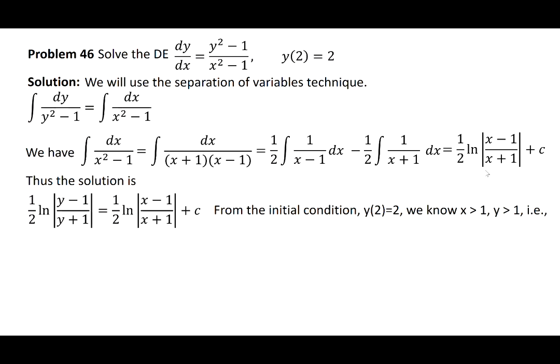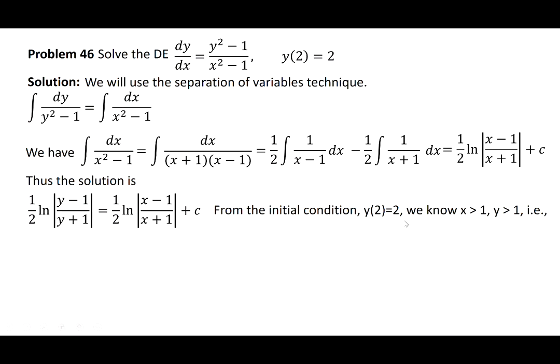Looking at this y minus 1, should we take y greater than 1, or should we take y less than 1 so that we can remove the absolute value sign around it? So which interval should we consider for x and for y?